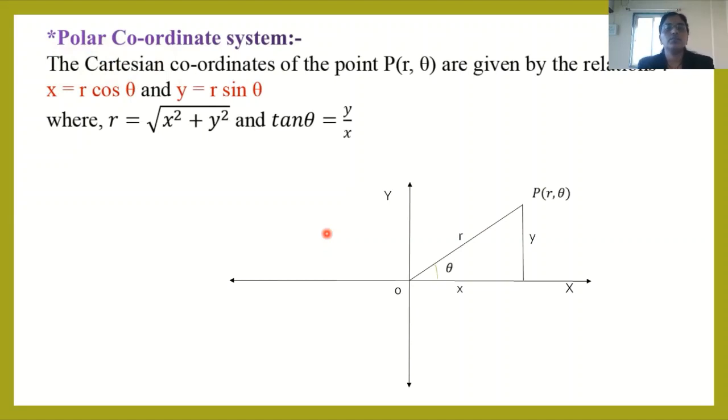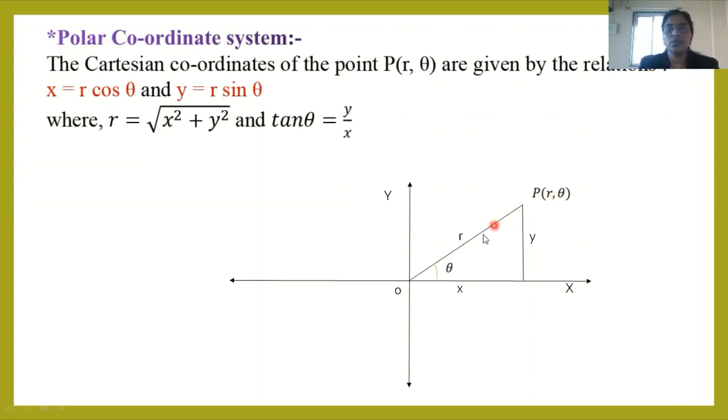Now we will study the polar coordinate system. The Cartesian coordinates of any point P are given by x and y. If we take the rectangular coordinate system, then any point can be represented by the Cartesian coordinates x and y.